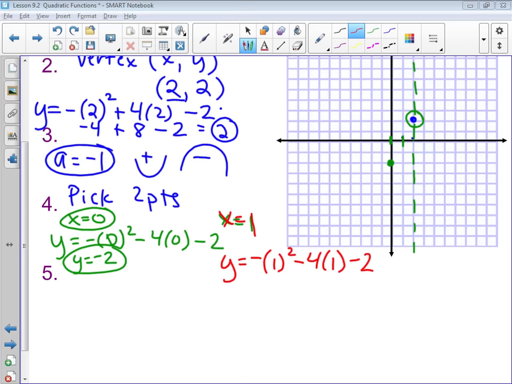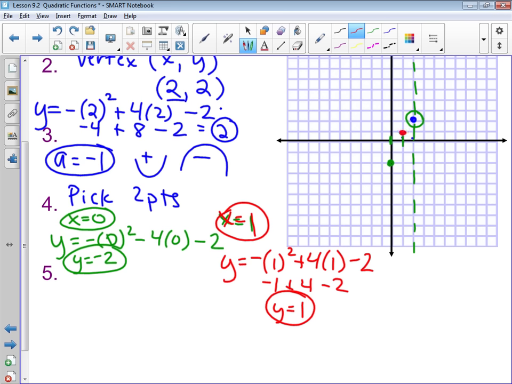Negative 1 plus 4 minus 2 equals positive 1. So the second point I have is 1, 1.